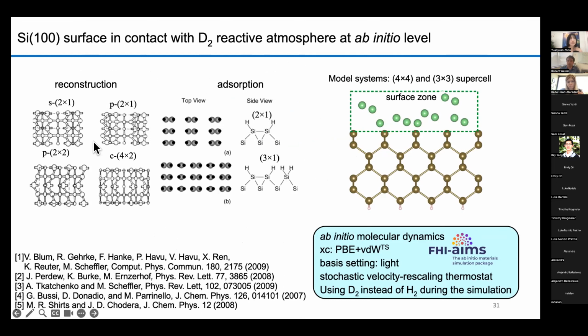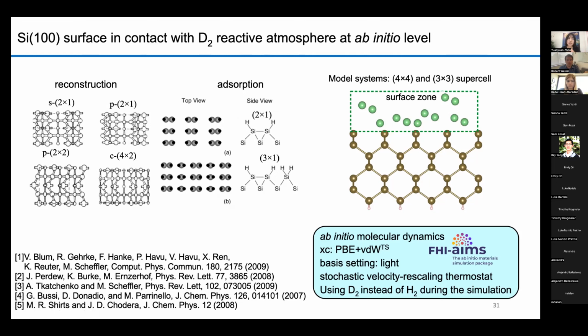For the pristine silicon 100 surface, the general agreement on the reconstruction pattern is symmetric 2x1, asymmetric 2x1, p(2x2), and c(4x2). The experimentally reported 2x1 adsorption pattern is stable at 600 Kelvin, while the 3x1 adsorption pattern is experimentally reported stable at 400 Kelvin.